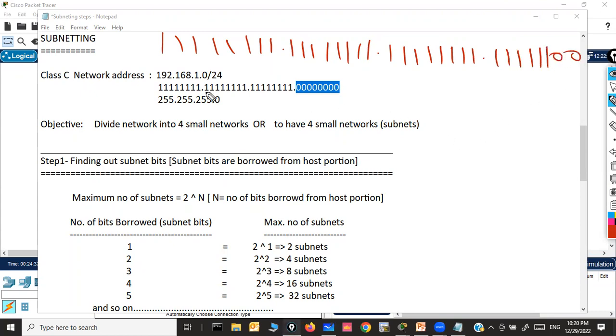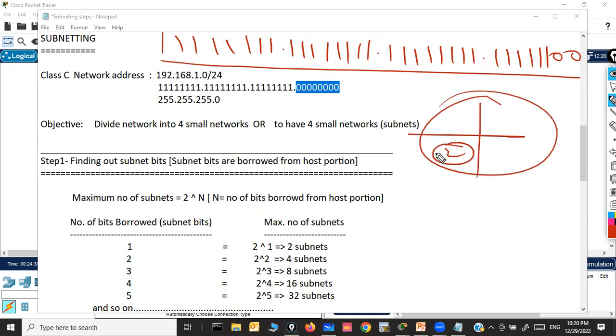If the mask is like this, it is already a very small network, with 2 hosts only, so it cannot be subnetted further. Because this is already the smallest network, we don't have space here, since in total there are 2 zeros. Even if we borrow 1 bit, the number of subnets would be 2.